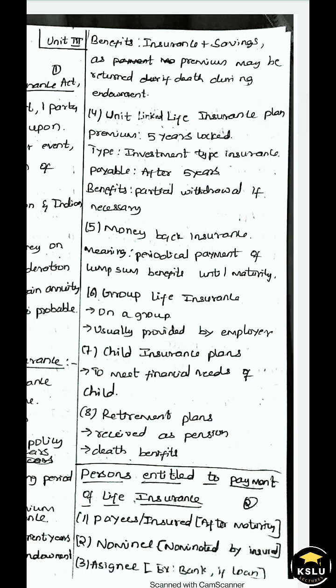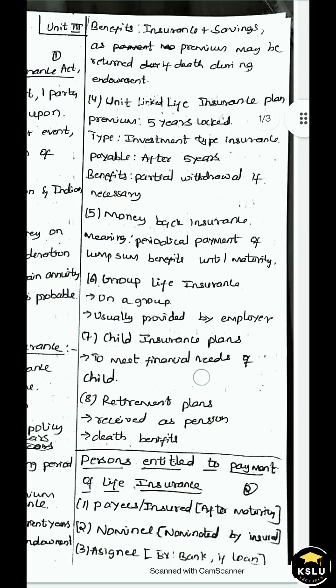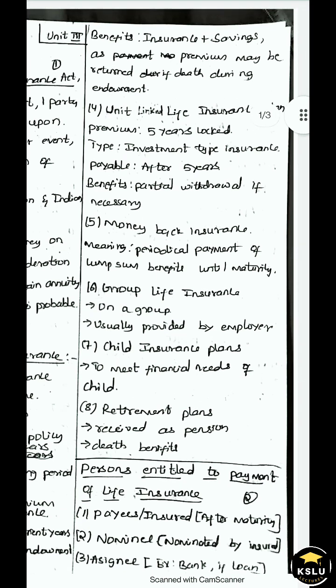Benefits. It's more of like an insurance plus savings. So it's like you are saving money and you will get more money after 5 years. And also if he dies within the endowment period, he will not get maturity, but the agreement may specify that he will get the premium return, etc.